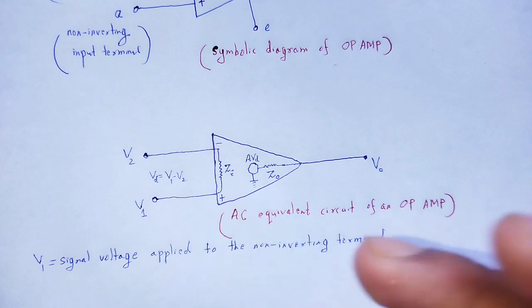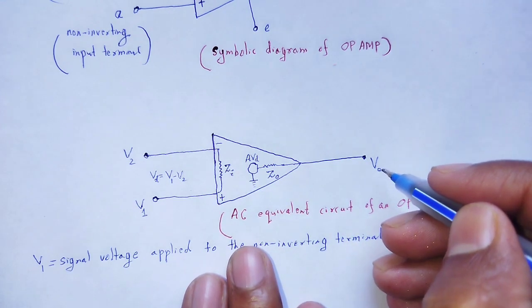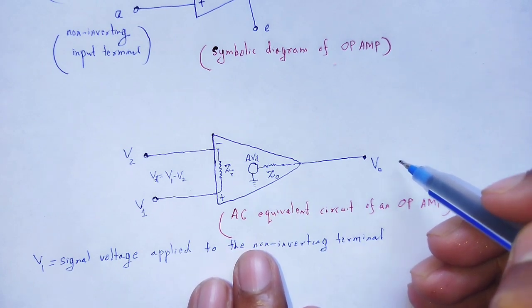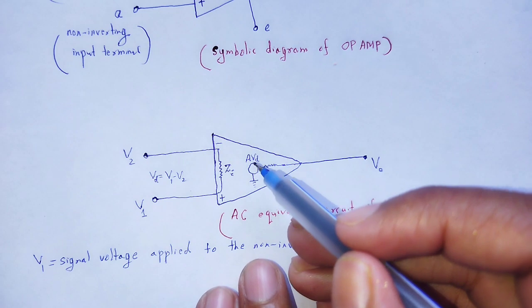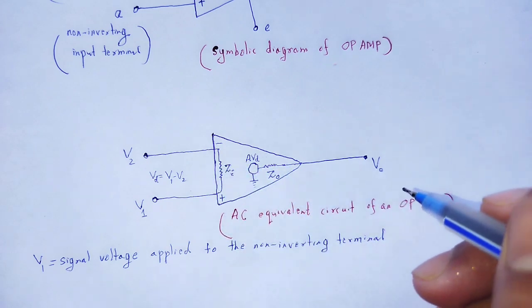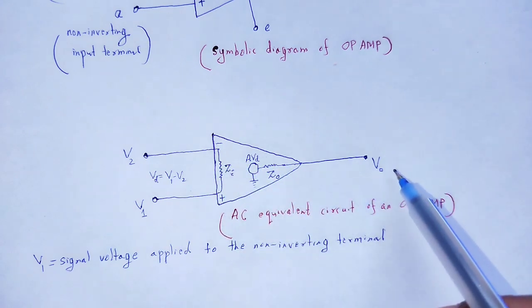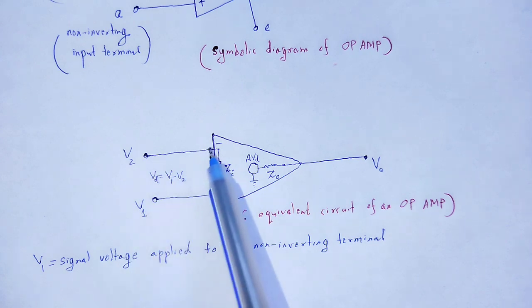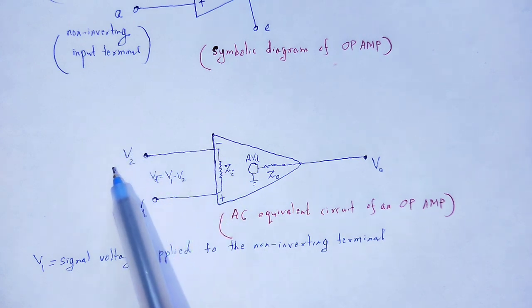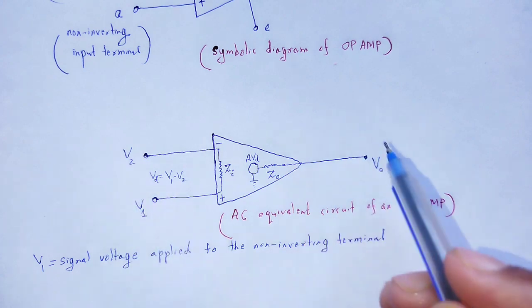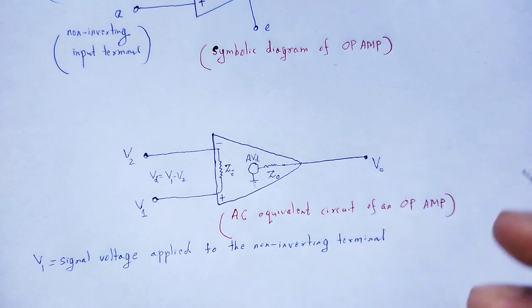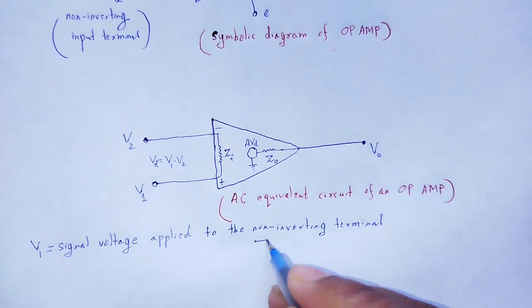Mathematically we can show it. The output V0 is equal to A VD, the voltage gain times the difference in potential V1 minus V2. In that situation, we take V2 as 0, so V0 is A times V1. Why is it called non-inverting?